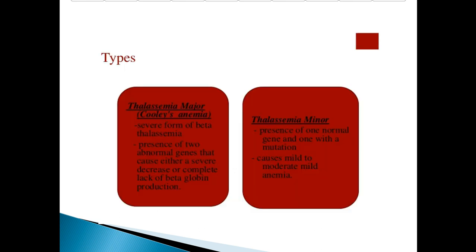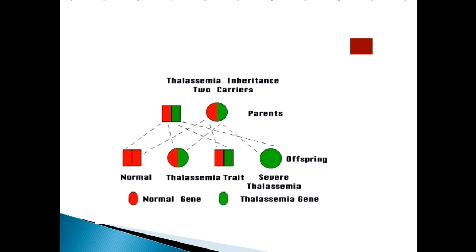Two types of thalassemia, major and minor. Thalassemia major is the severe form, while thalassemia minor is the mild form. In thalassemia major, there is presence of two abnormal genes, while in thalassemia minor, one gene is normal and the other one is mutated.